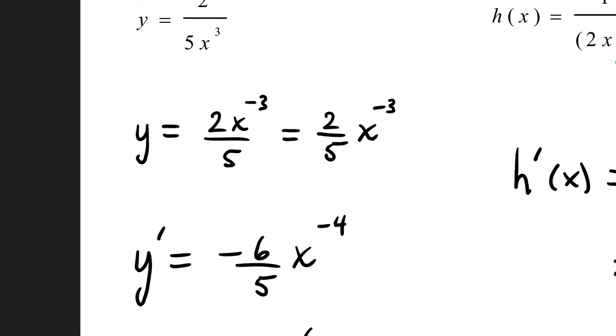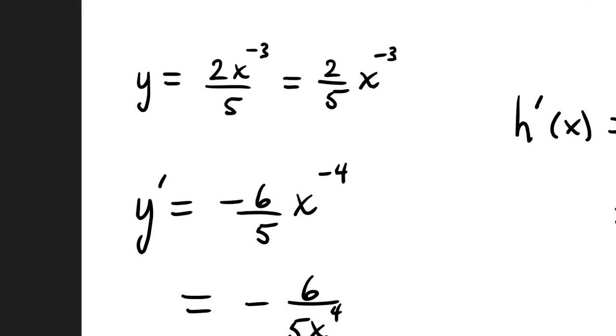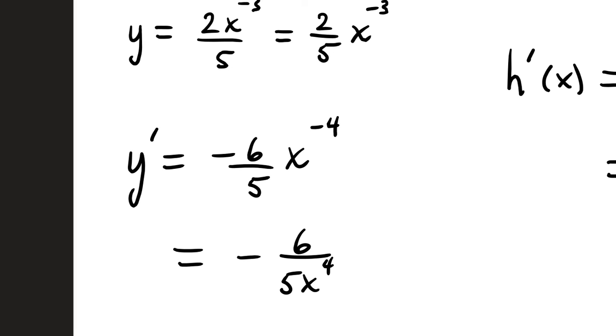Negative 3 minus 1, that's negative 4. This answer is totally appropriate. Like on the examples above, if you want to move this x term back to the denominator, that's fine. You can put it down here with the 5, but the 4 has to go back to being positive if you do that.